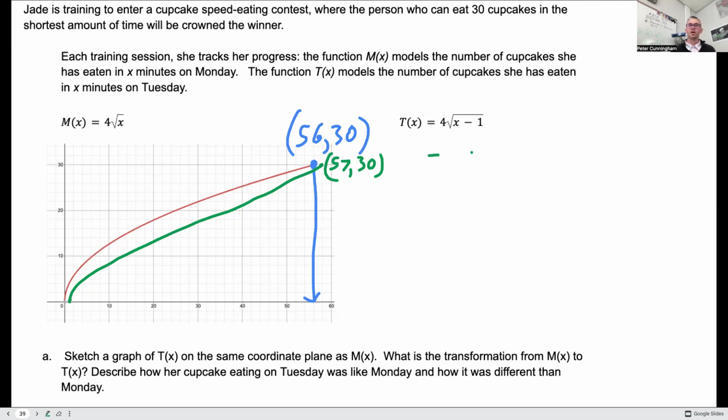All right, so Jade's arguing with us and saying, no, it's good. I waited another minute. And in our intervention, we would say to Jade, look, Jade, this is why this is a problem. You went at the same rate. You ate the same number of cupcakes. This isn't healthy.